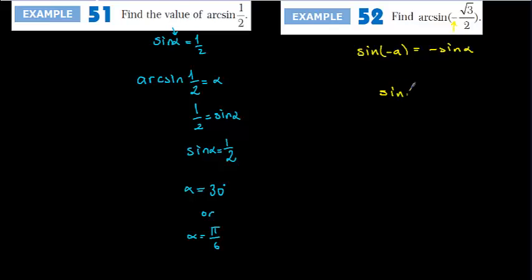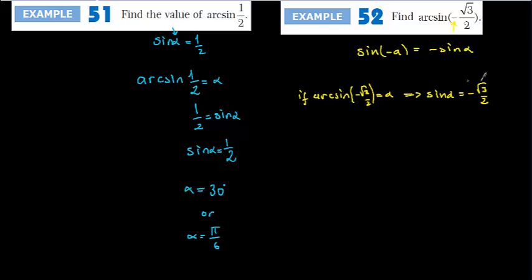If arc sine minus root 3 over 2 is equal to alpha, then sine alpha is going to be equal to minus root 3 over 2. Here we have a minus sign.